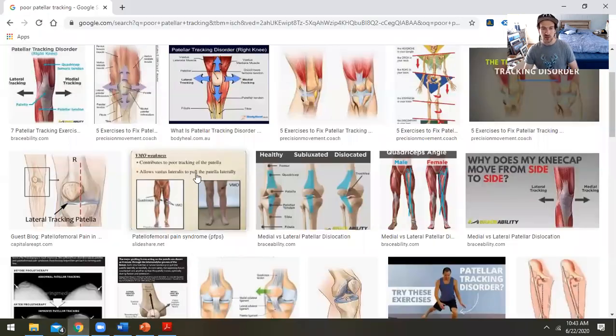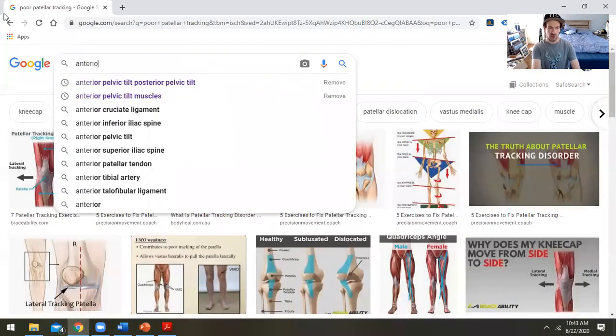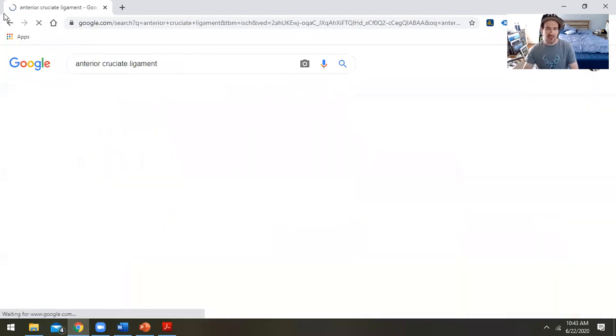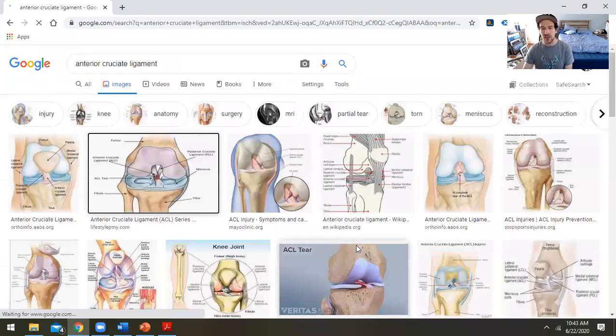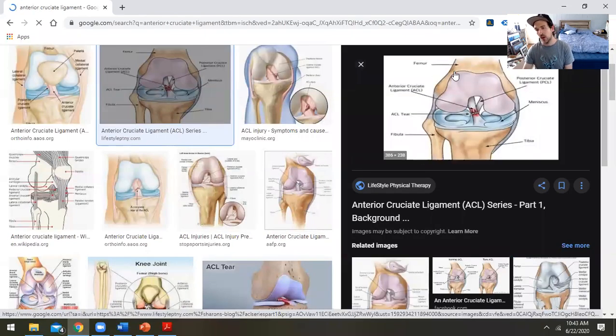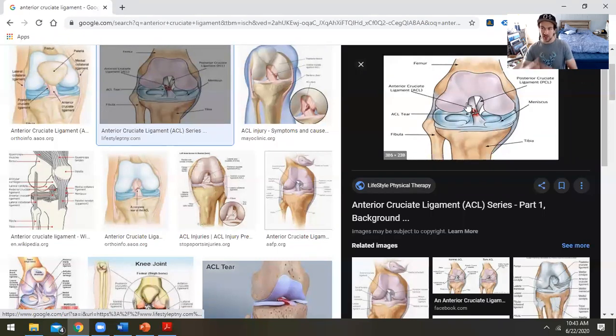So your anterior cruciate ligament is this ligament that runs from the posterior side crossing to the anterior side, in front of your posterior cruciate ligament. The reason it's called a cruciate is because it's like a crucifix, right? It's a cross.